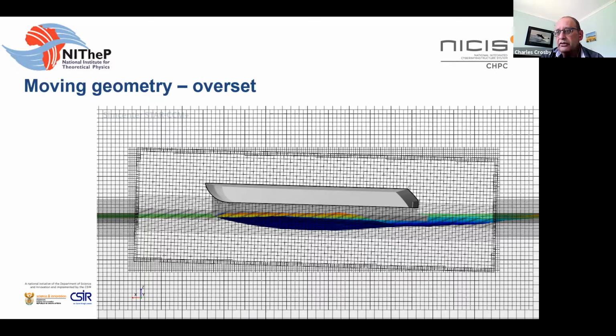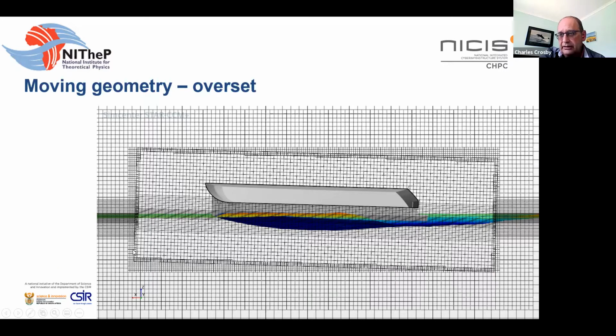So an overset method gives you two separate grids where you overset the one on the other. They're also called chimera grids. You can go and look up the meaning of the word chimera and you'll understand why it's used here. So with a chimera grid, you've got a background grid, which is this one here. And then you've got a small grid which is attached to the body of interest and moves as a rigid body with this body. And then your chimera method, or the overset method, overlaps them.